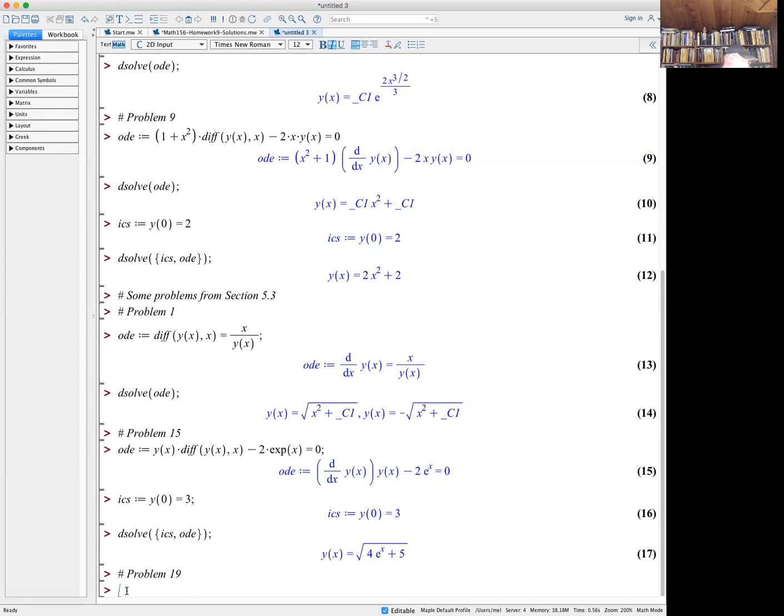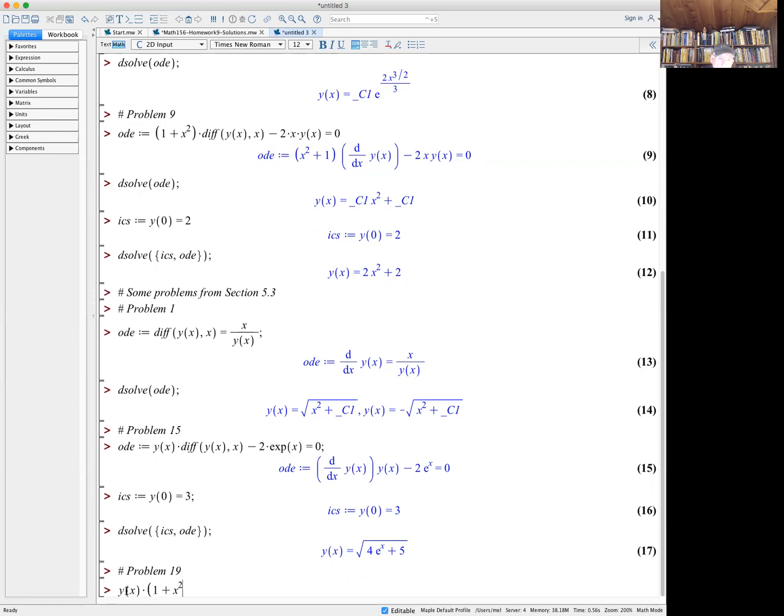So problem 19, we have y, which again we have to write as y of x, times 1 plus x squared times dy dx.